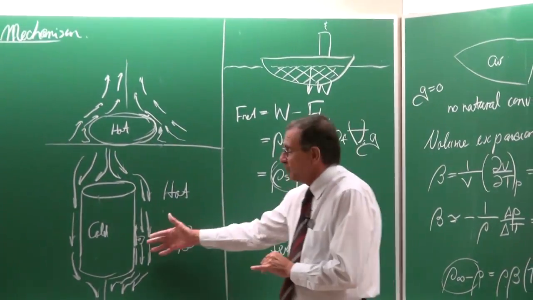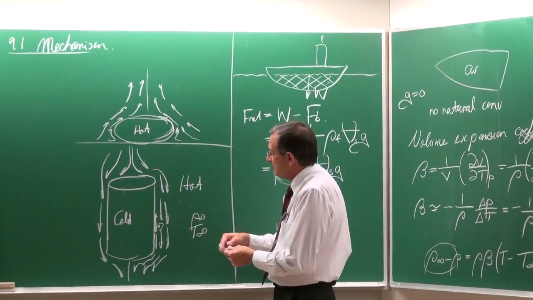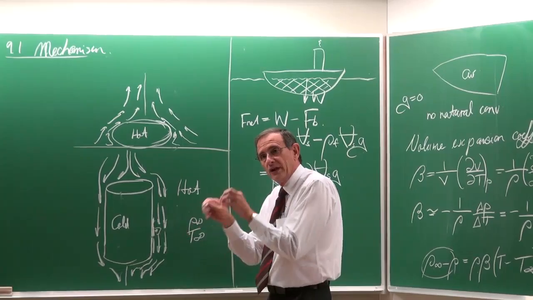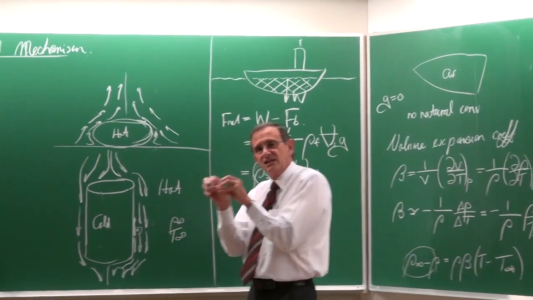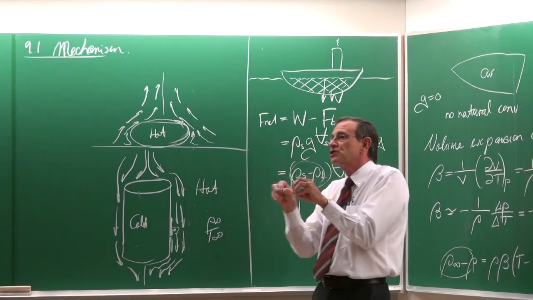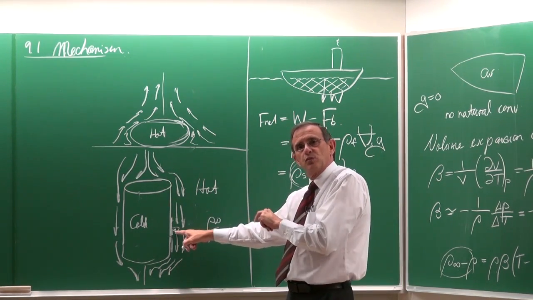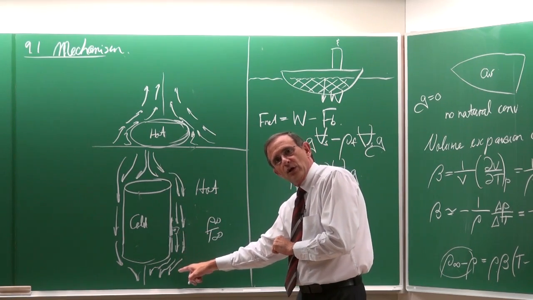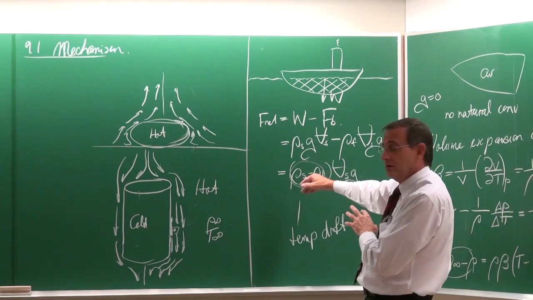So just to make sure that you understand it, remember, this flow field, what causes the flow field? The fact that at one control volume, if you compare that to another control volume, the density in a specific control volume is smaller than in another one. Therefore, if its density is smaller, it would go up because of Archimedes' principle.